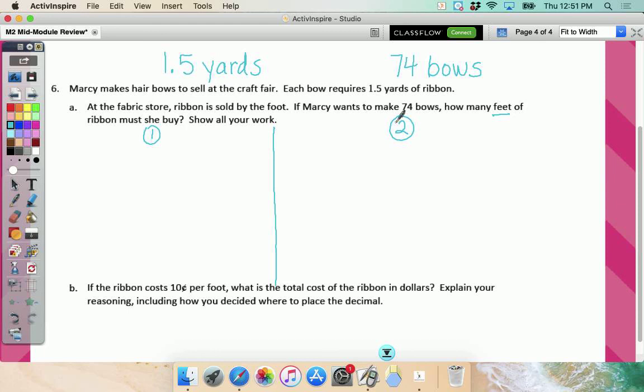So I think I want to change it to feet at the end. Don't you? So let's figure out how many yards they need to start with. How many bows is she going to make? And how many yards does each bow need? Okay, multiply that together and see what you get.